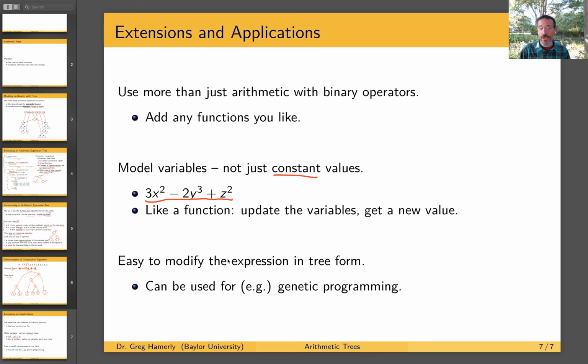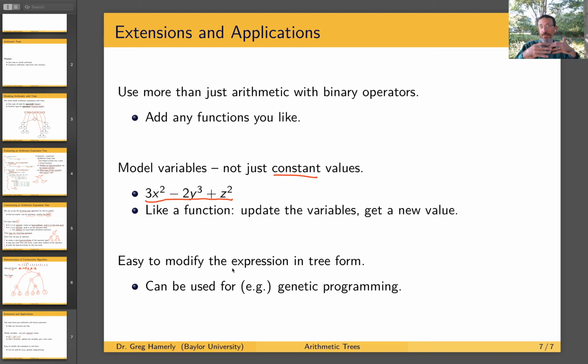Finally, if you're interested in things like genetic programming, which is under the umbrella of artificial intelligence, you can use these types of trees to represent miniature functions or programs that you can then easily modify to get different genetic programs.